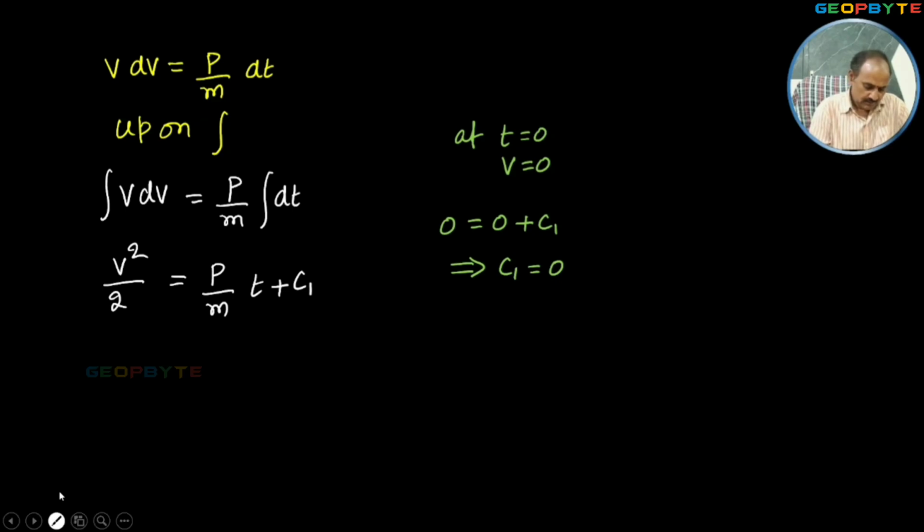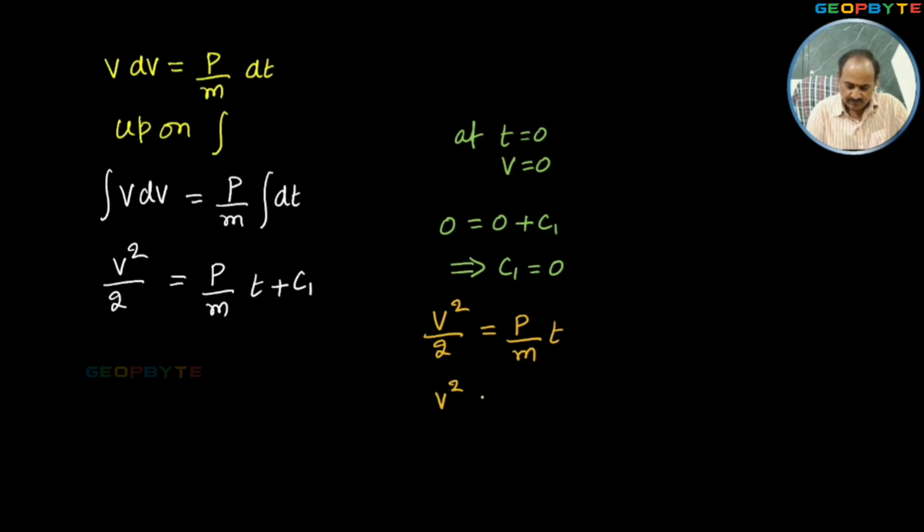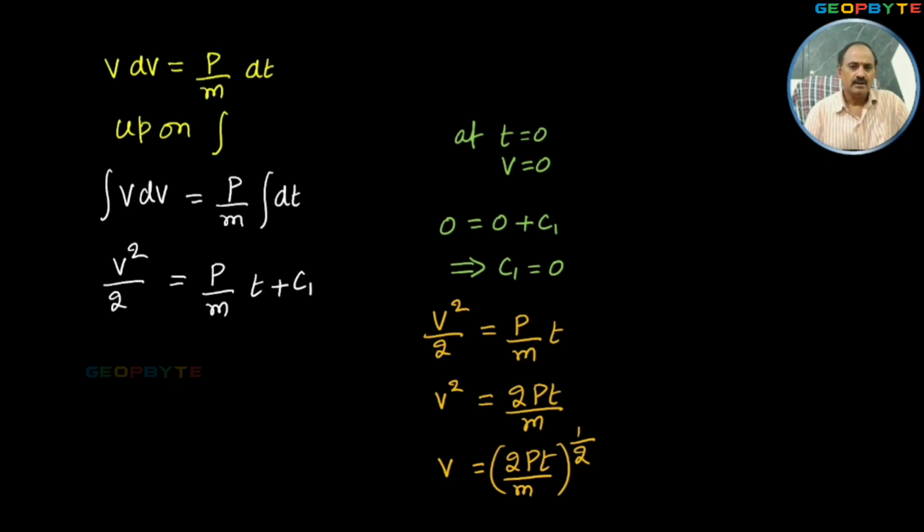Then v square by 2 is equal to power by mass times the time, or v square equals 2Pt by m, or velocity v equals (2Pt by m) power 1 by 2. That is the velocity in terms of power developed by the automobile engine.